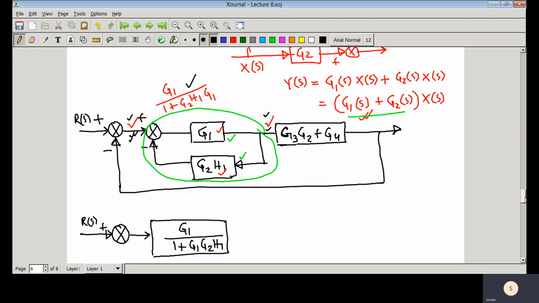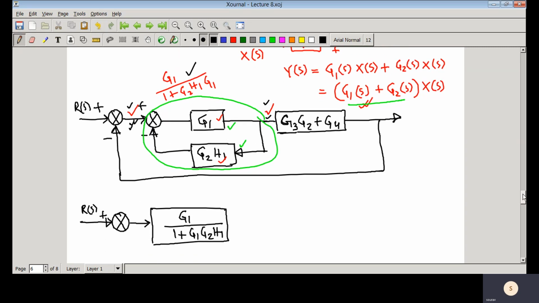As they are single input single output, there is no problem if you write G2 H1 G1 equal to G1 G2 H1, there is no problem. From this particular point to that point, the transfer function is this.